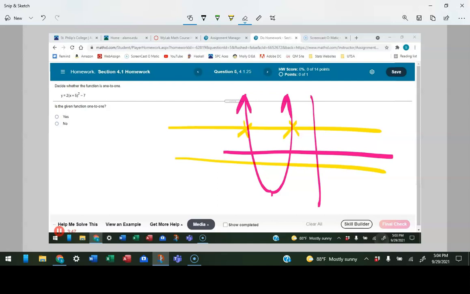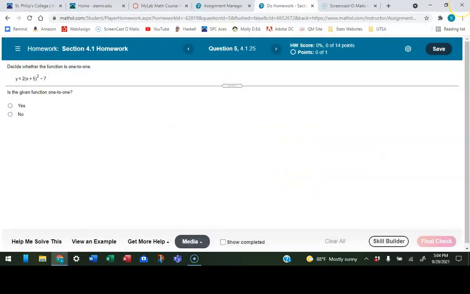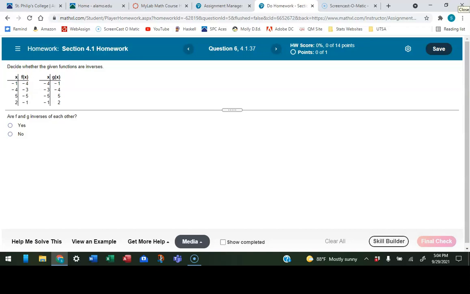So whatever my x does, if I were to take square roots, I would have positive and negative, so I would have repeating y values.